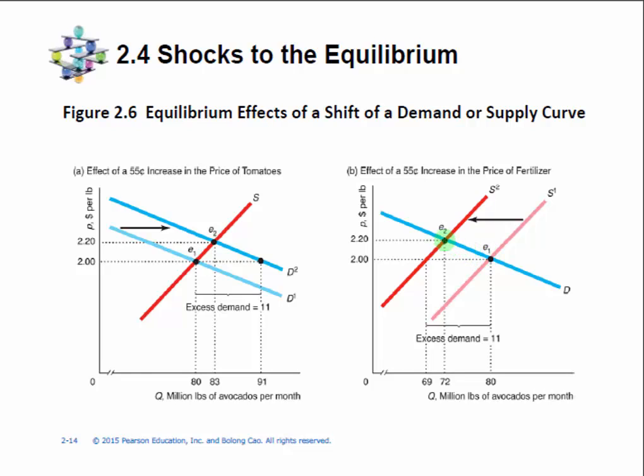The supply curve shifts and the demand curve stays the same. The equilibrium point moves along the demand curve. And what we have is basically when the equilibrium moves along the demand curve, the equilibrium price and the equilibrium quantity move in opposite directions. So if you see the equilibrium price and the quantity change in the same direction, it will be a movement along the supply curve.